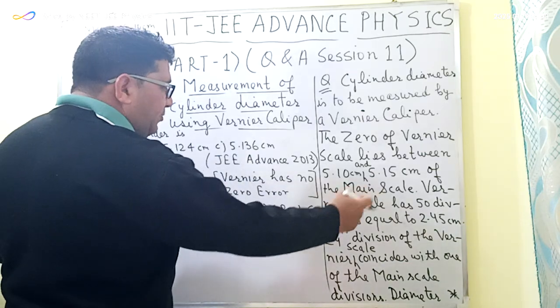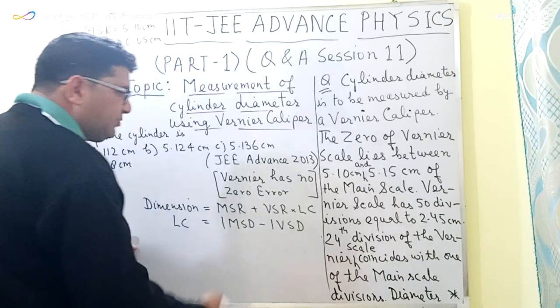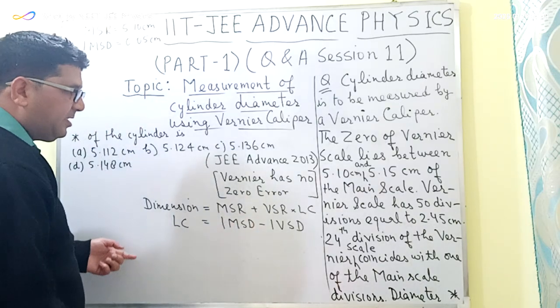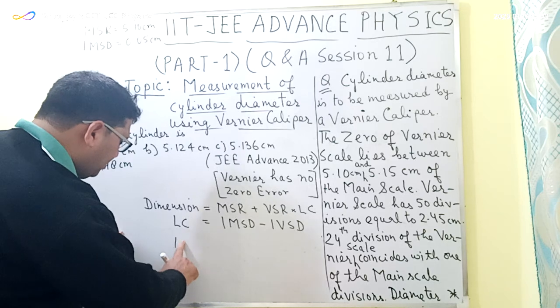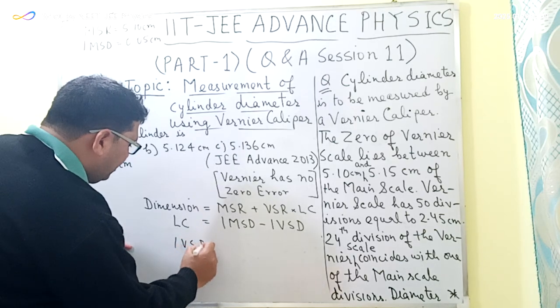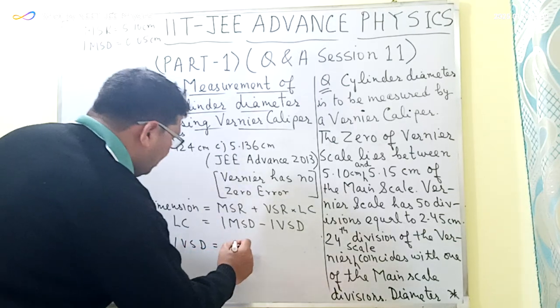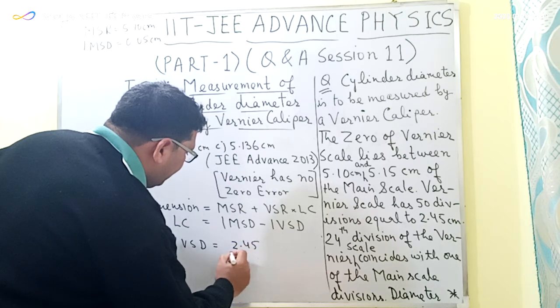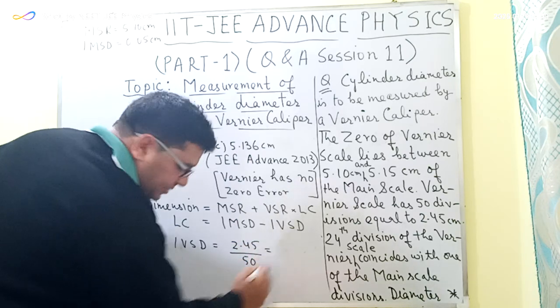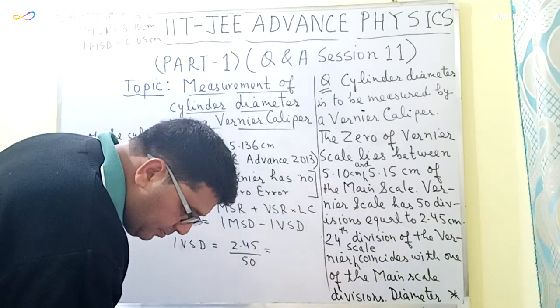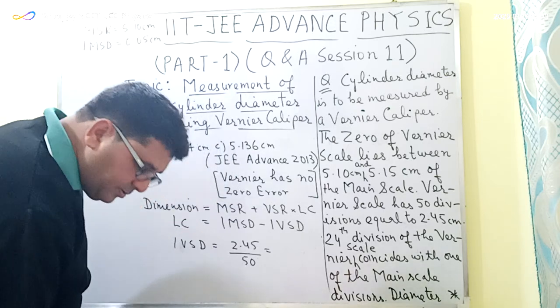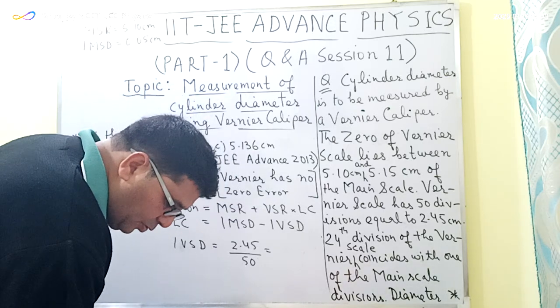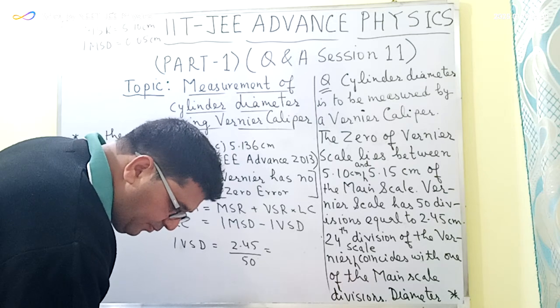Here it is given that the vernier scale has got 50 divisions which is equal to 2.45 centimeter. So one vernier scale division will be equal to 2.45 divided by 50.